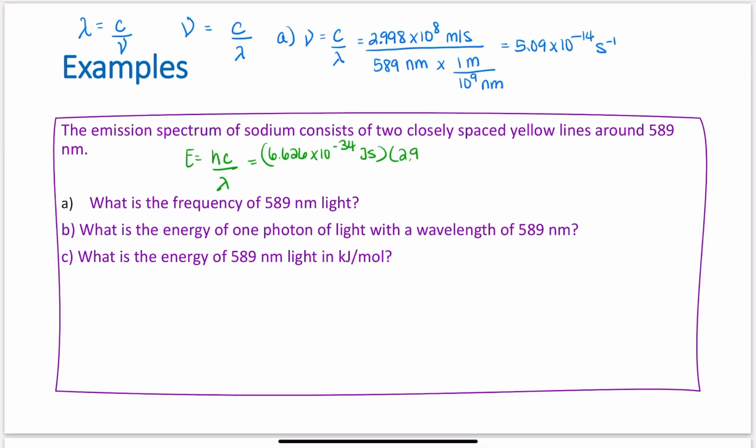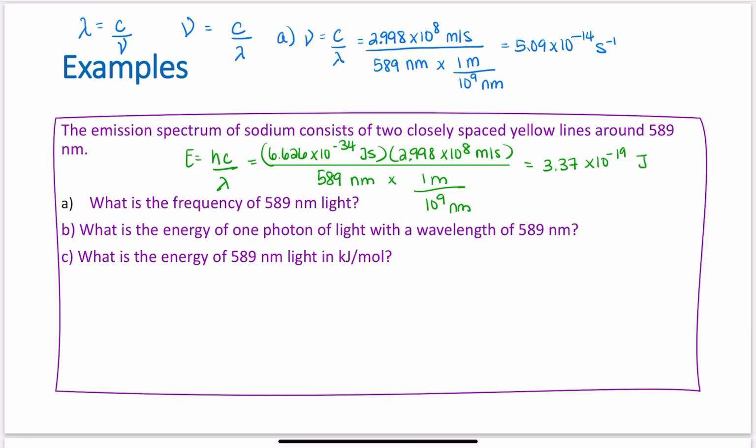I know my speed of light is 2.998 times 10 to the 8th meters per second. And again, I have 589 nanometers here, but I need that in meters. So I'm going to convert that. I know 1 meter is 10 to the ninth nanometers. This gives me 3.37 times 10 to the negative 19 joules.